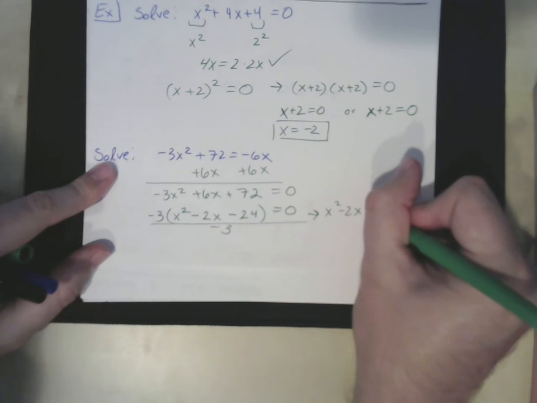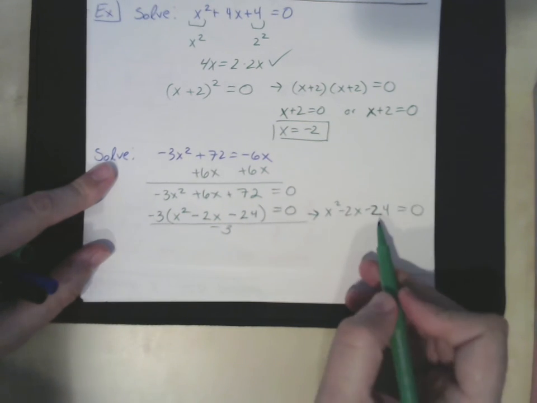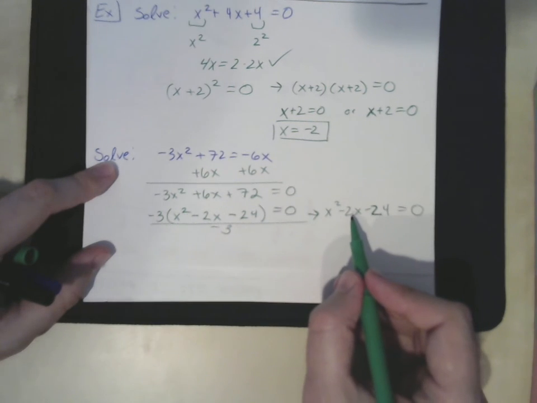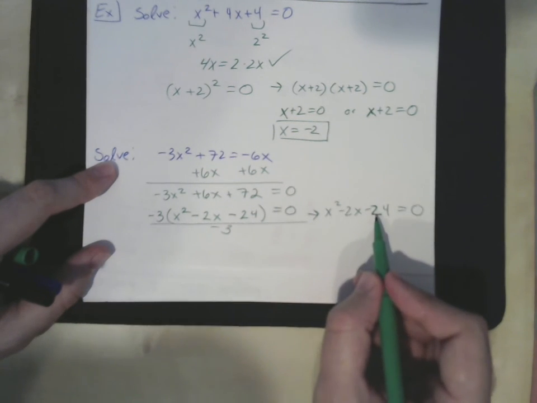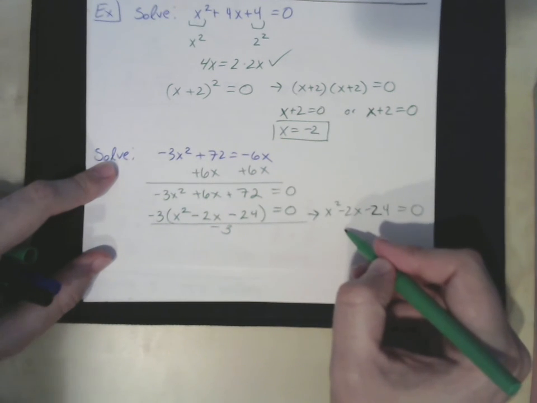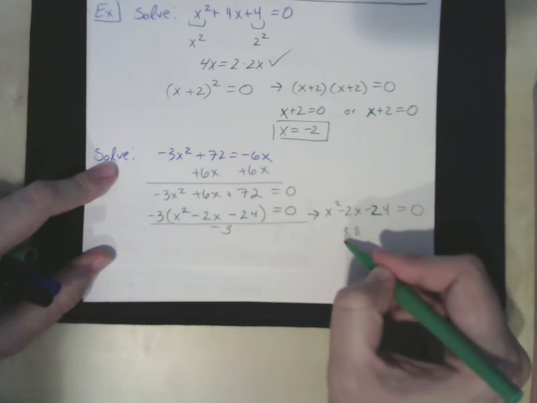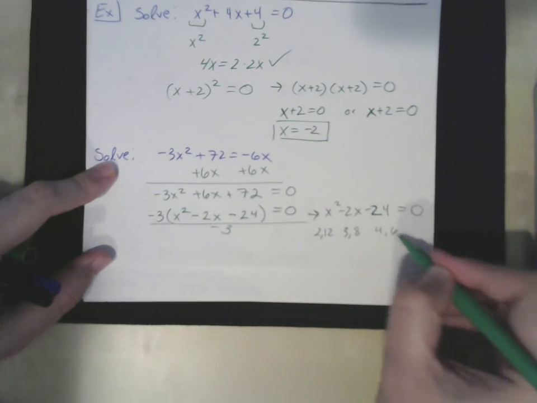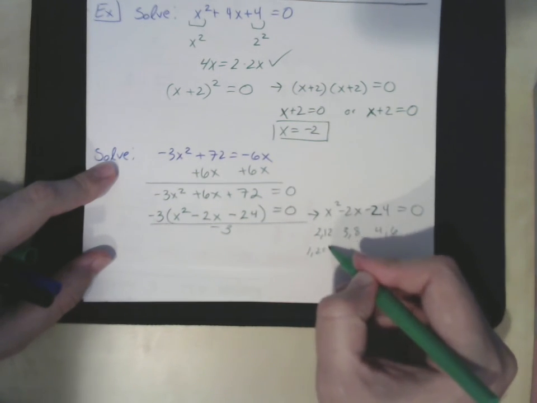So now we want to be thinking, can we factor this? I don't have a perfect square here in 24, so that means I'm thinking of factors of 24 that add up to negative 2. And the only factors of 24 are 3 and 8, 2 and 12, and 4 and 6. And of course 1 and 24, but those are not going to be bigger.